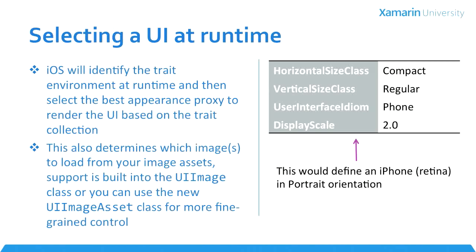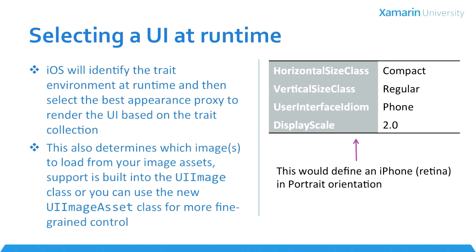Now, traits can also be used for things like image assets, as we mentioned earlier, assuming that you're using asset catalogs. Instead of having 1x, 2x, and 3x versions of your assets, you can specify different image assets for horizontal and vertical compact size class, as well as, say, one for horizontal regular or vertical compact. Basically, we can include different assets for different traits and size classes. Now our code will still look like the same UIImage call.